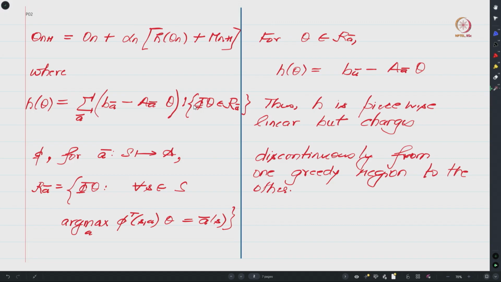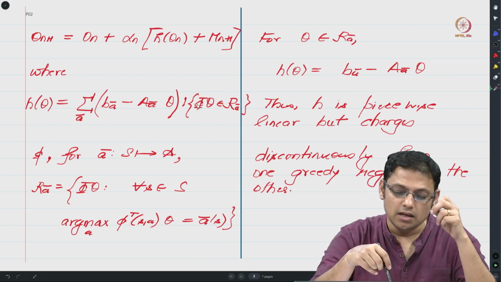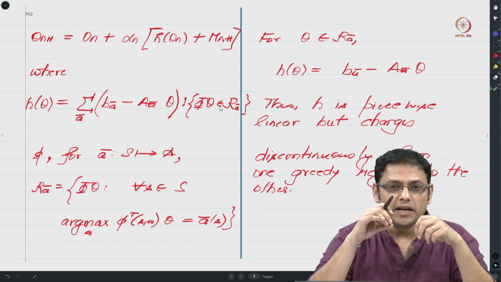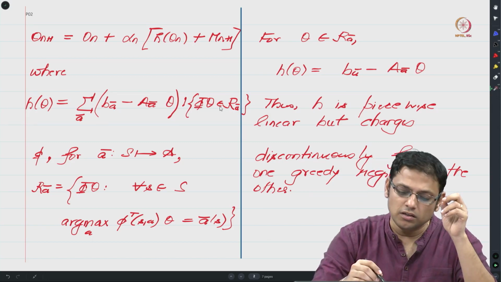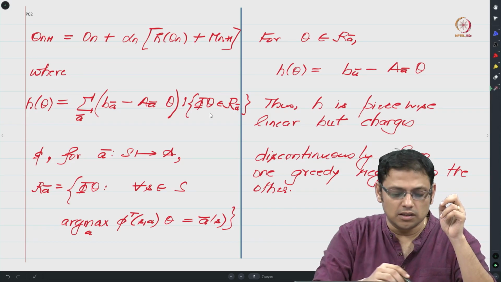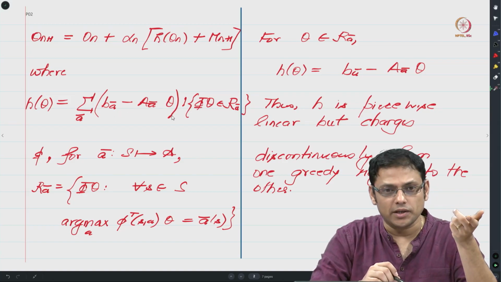And if you remember from the previous class, I had told you that if you take the greedy regions associated with different deterministic policies, and take their union, it will form the whole SA dimensional space, and depending on which greedy region you live in, the linear dynamics will change accordingly.